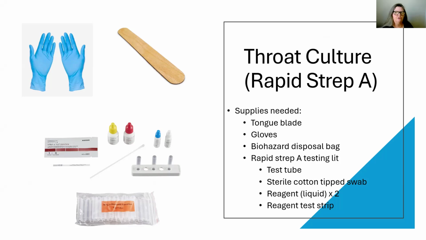Anytime you open a brand new box, you're basically doing quality control or quality assurance on it. You take one test, so one strip, out of that box, and you run the test like you normally would, but instead of putting a specimen from a patient in it, you drop the negative or the positive.